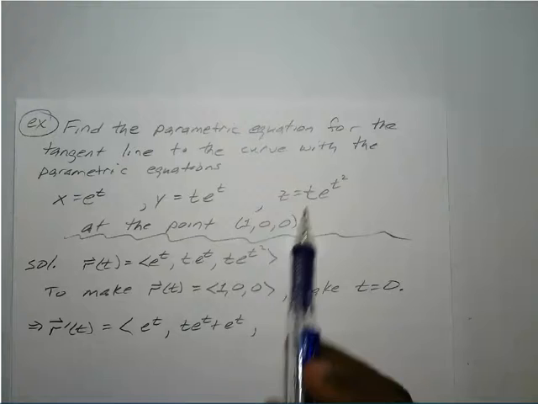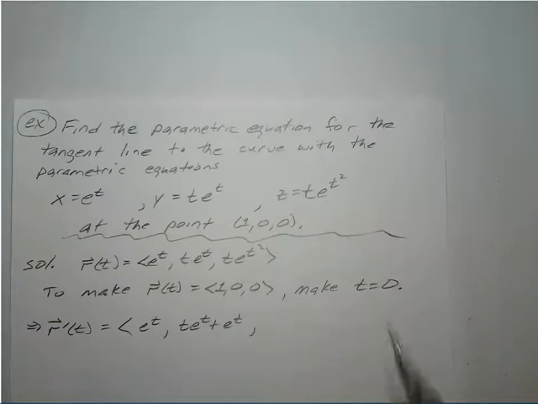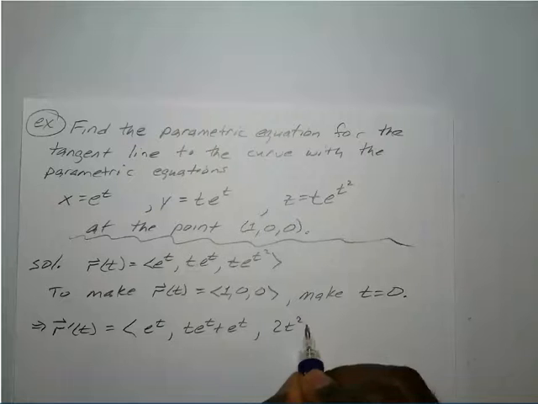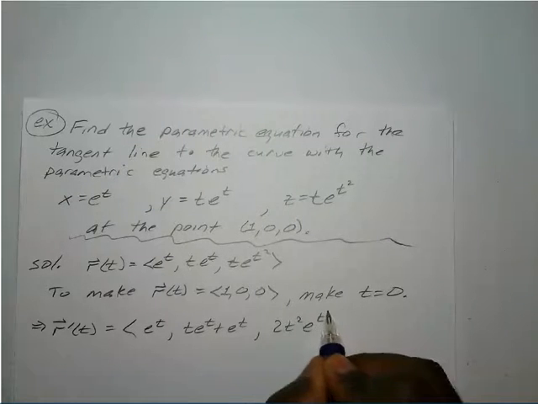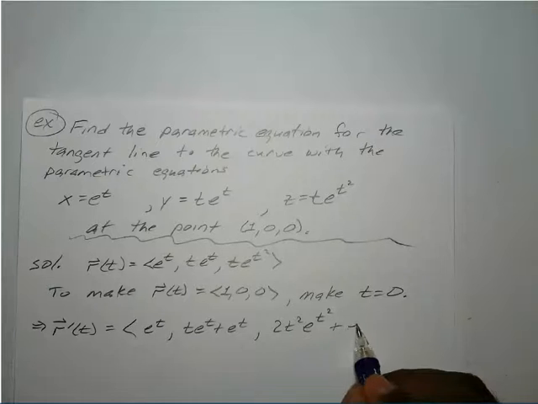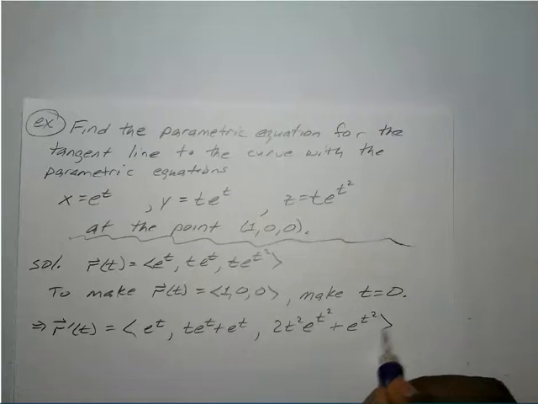For this one, we have the first times derivative of the second, so you have 2t squared e to the t squared plus e to the t squared.